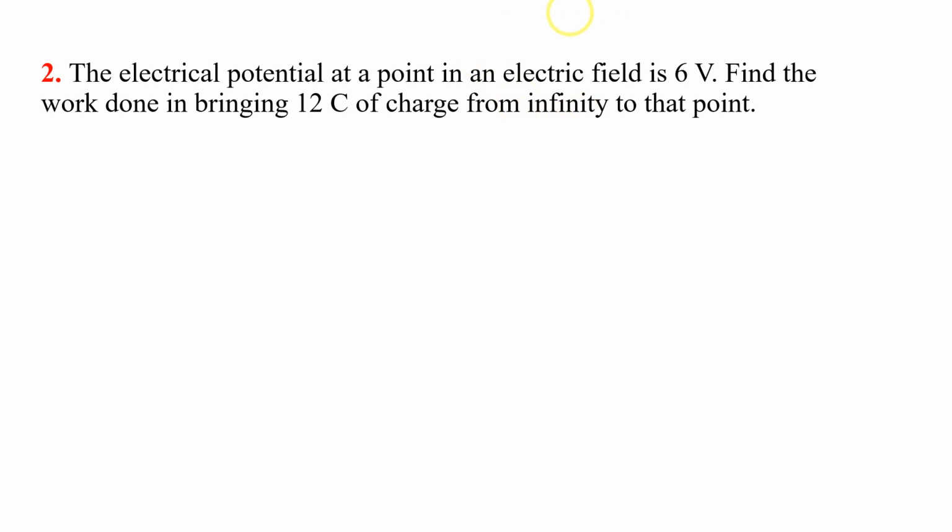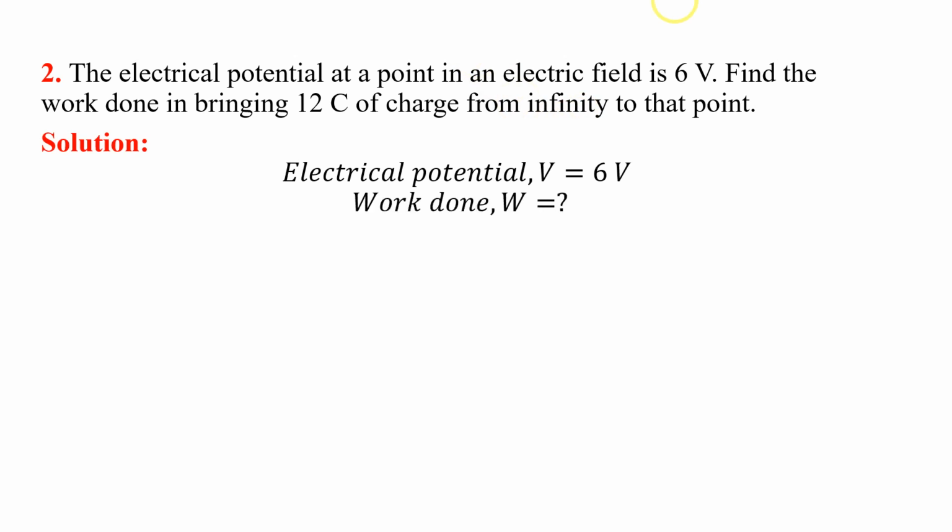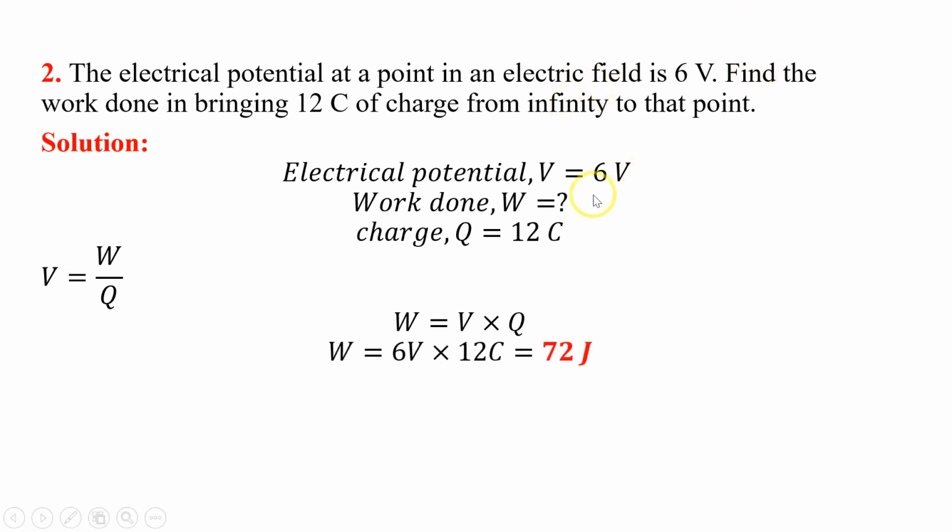The 6 volt is the electric potential, and the charge is given as 12 coulomb. Voltage is equal to work done per unit charge, so work done is equal to the product of voltage and charge. Putting the values in the equation and multiplying, we get the work done to be 72 joule.